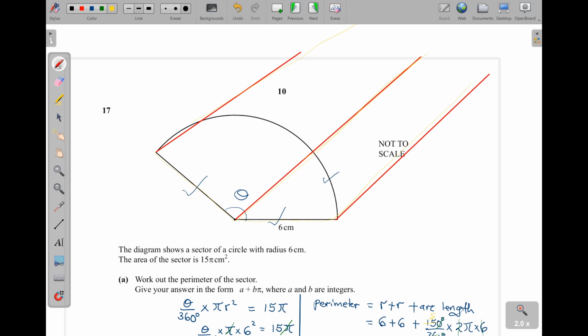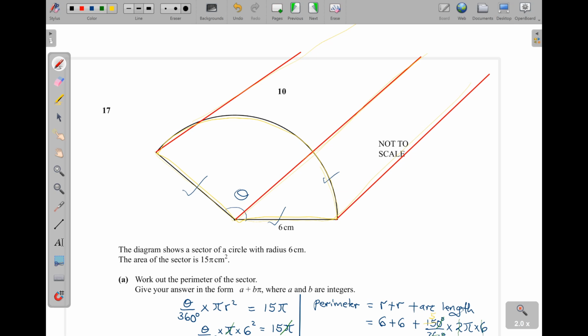Then there is the area of this sector, but also on this other side, we have the area of that sector behind there. So that means we are having two areas of these sectors.